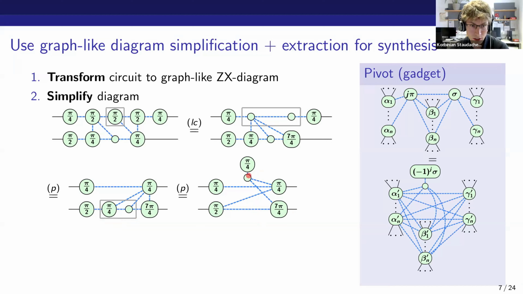So a phase gadget has a top spider, which is only connected to a single other empty spider, which we call the root spider here. And this root can be connected to arbitrary neighbors. But the important thing to recognize is that we have this top spider, which has some phase, and it's only connected to a single spider. So it's easily distinguishable from other spiders.